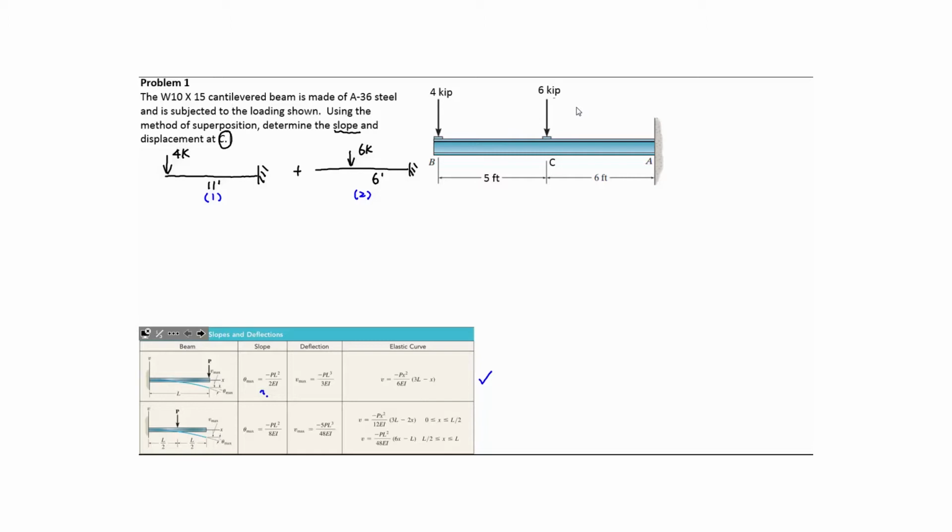The answer is no, because in this equation, theta max is the rotation angle at the end of the beam. However, in this problem, we need the rotation angle at C, which is 6 feet from the fixed end.